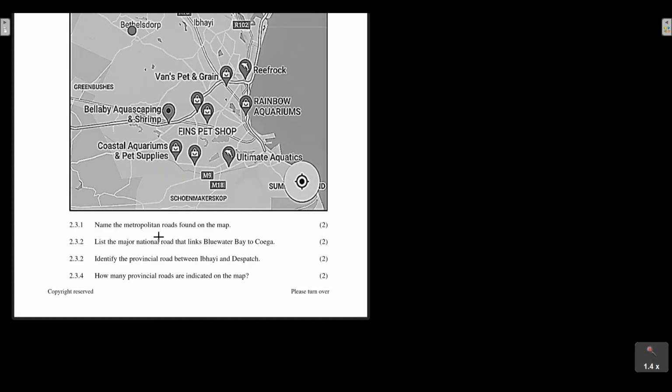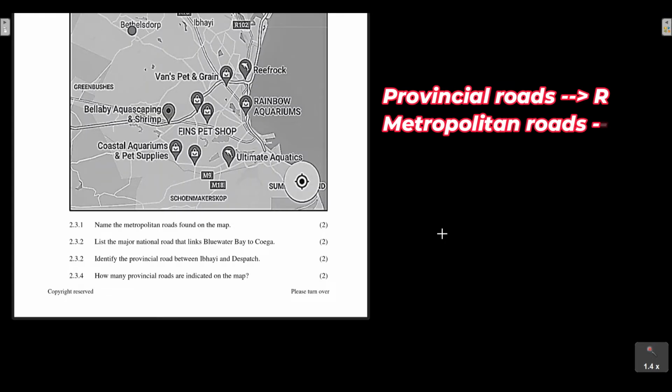Name the metropolitan roads that are found on the map. We've already discussed how we can identify provincial roads, metropolitan roads and national roads on the map.